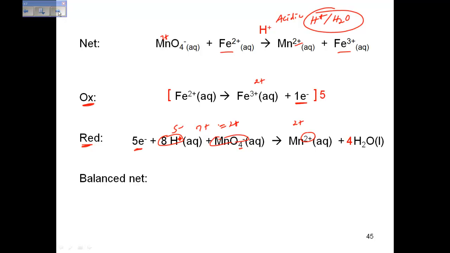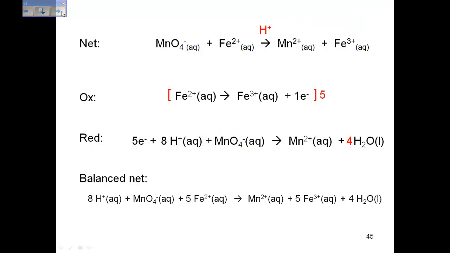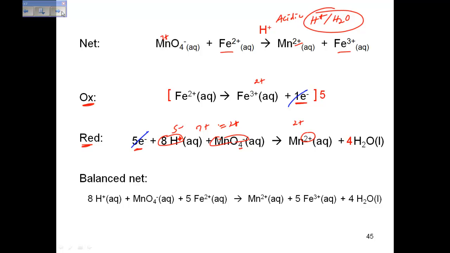So everything's multiplied by 5. That gives me 5 iron 2s, 5 iron 3s, and 5 electrons. After that, my electrons cancel, and now I can bring down everything. Which means I have 8 pluses, 1 permanganate, 5 iron 2s, 1 manganese 2, 5 iron 3s, and 4 waters.